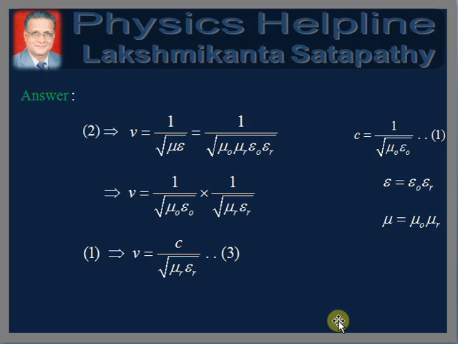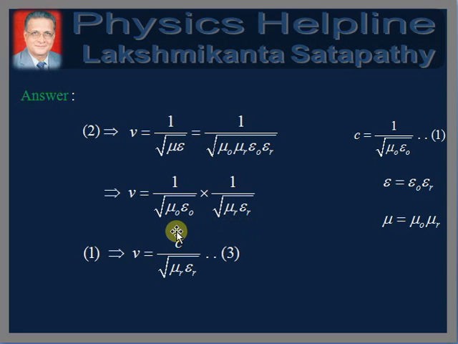Now for the answer. For mu, we put mu 0 into mu r, and for epsilon, we put epsilon 0 into epsilon r. Again, we separate mu 0 epsilon 0 as one factor and mu r epsilon r as another factor, which gives v is equal to 1 by root over mu 0 epsilon 0 multiplied by 1 by root over mu r epsilon r.